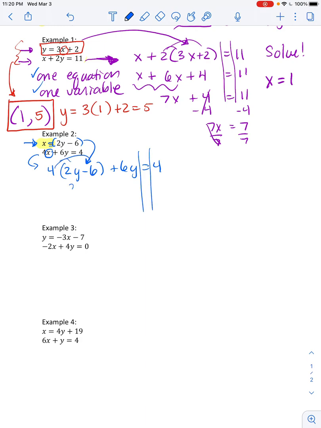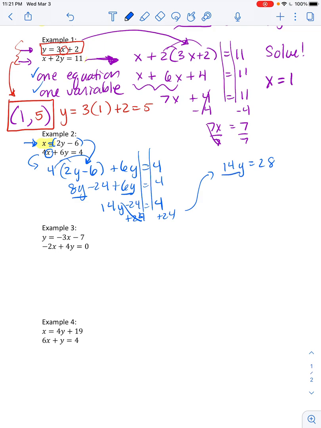And I start that whole solving process. I distribute. I combine these two like terms. I'm going to add my 24. So at this point, I have 14y equals 28.